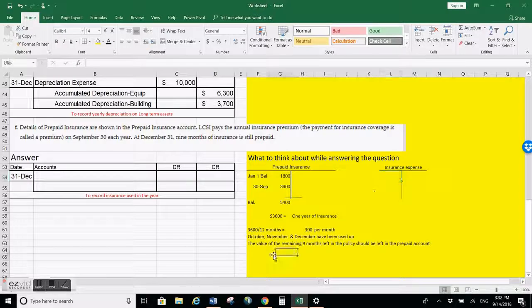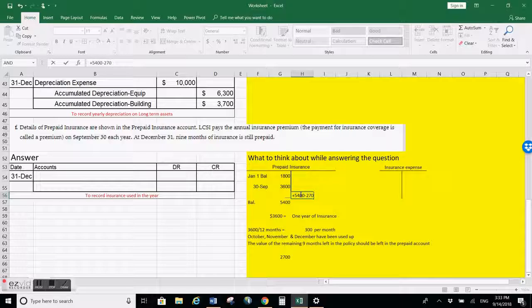So if we take 9 months times $300, that's what we want to be the remaining balance in this account. What needs to come out of the account is $5,400 minus what's left over, the $2,700.